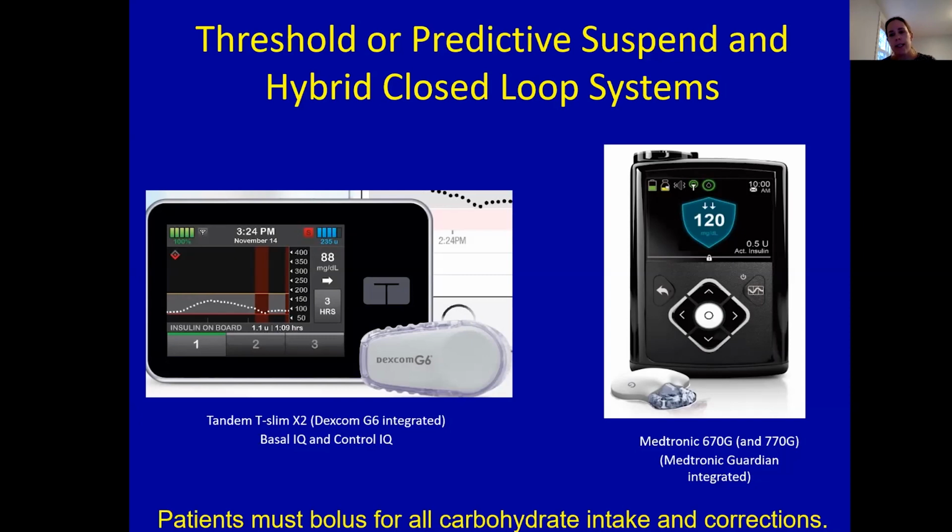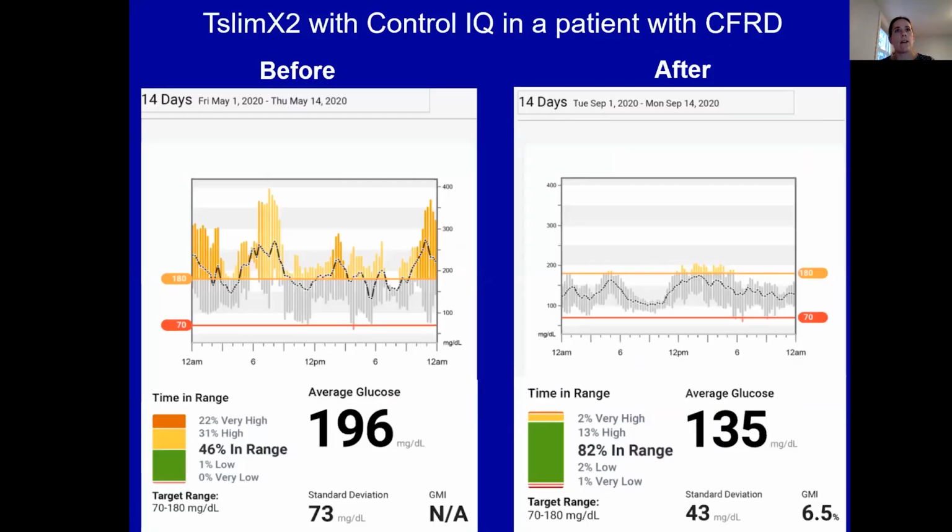And I wanted to show an example for you of a hybrid closed loop system in a patient with CFRD. Right now, there's actually no published data of these devices in patients with CFRD, but this was a patient that I saw last month, and he was having a hard time.